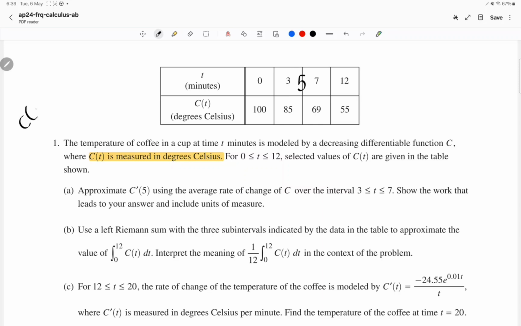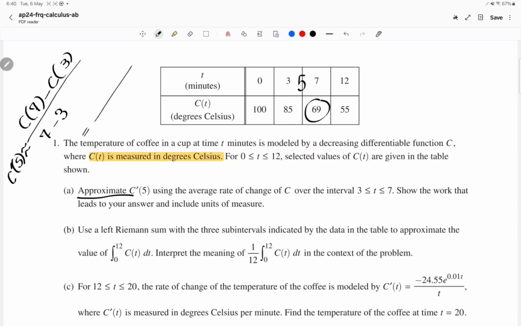So you're going to do C of 7 minus C of 3 over 7 minus 3. And we're going to say C prime of 5. Since they said approximate, you must put the approximation sign only in the beginning. Yeah. So then just put equal sign.